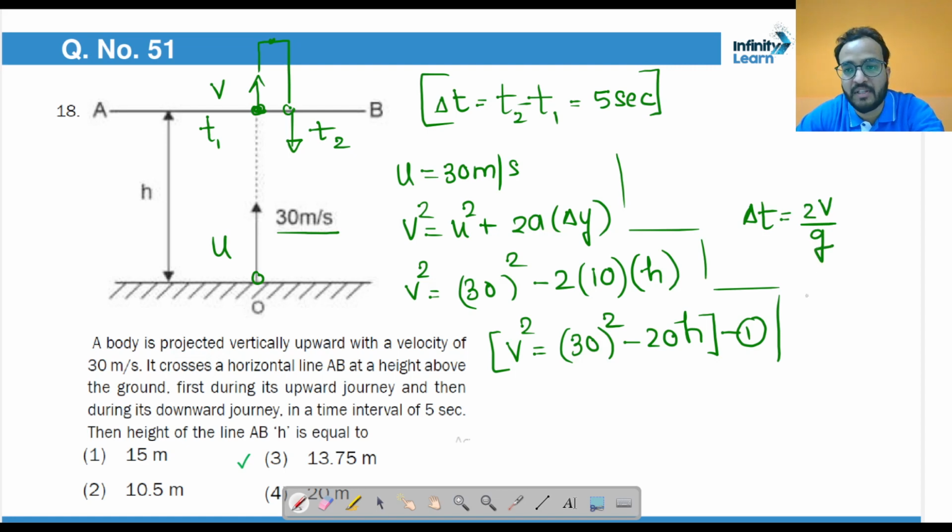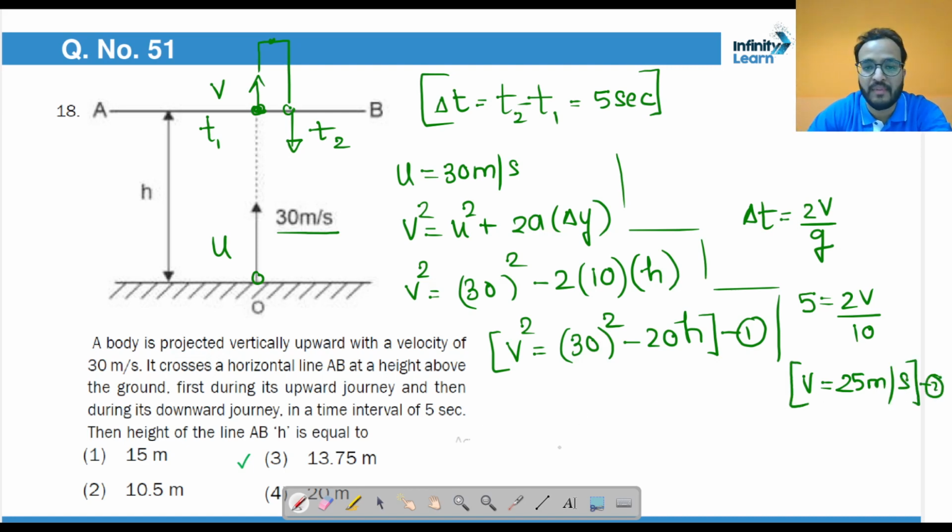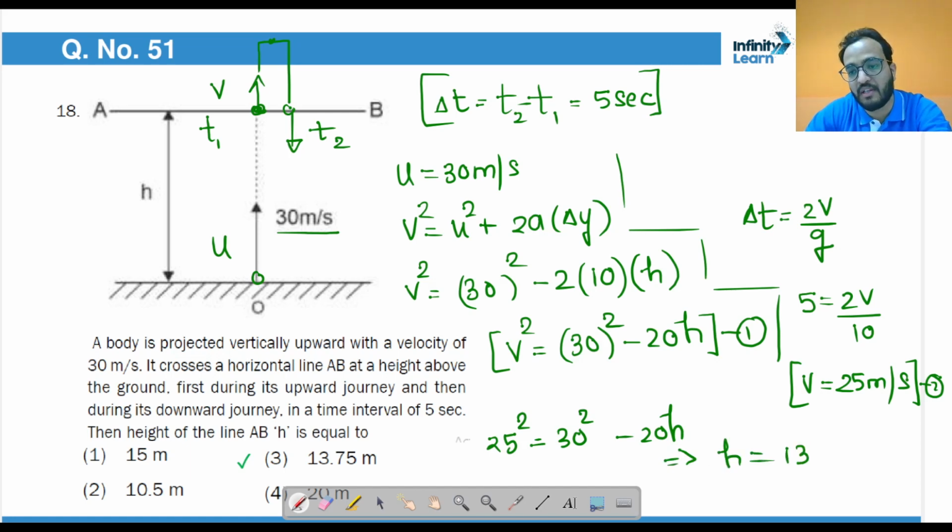So 5 is equal to 2v upon 10. Okay, so v is 25 meter per second. Now we can put this value. Okay, and we can say 25 square is equal to 30 square minus 20h. Now you solve it, h will be 13.75 meter. Got it?